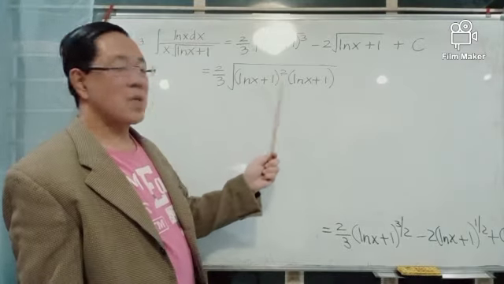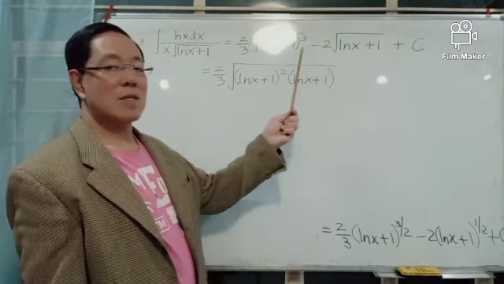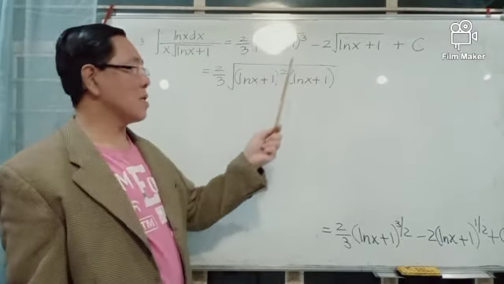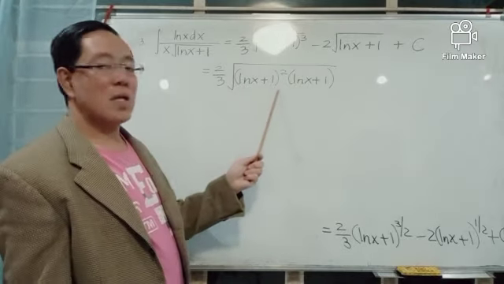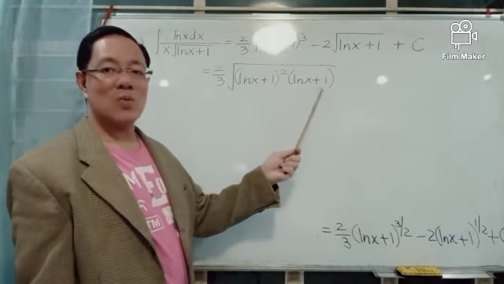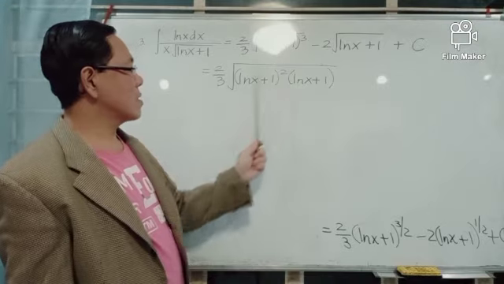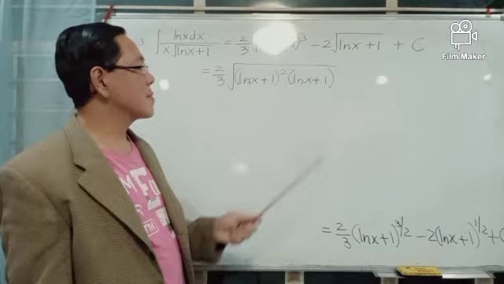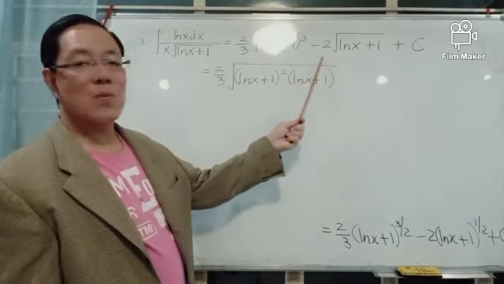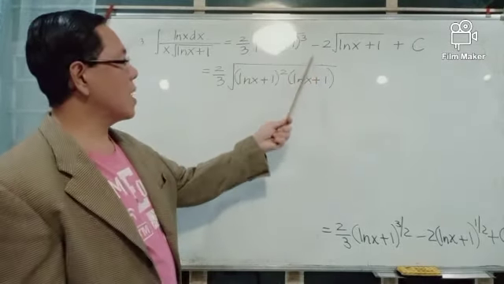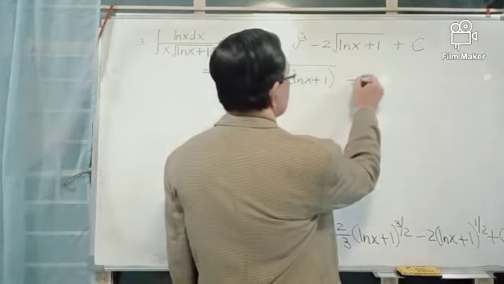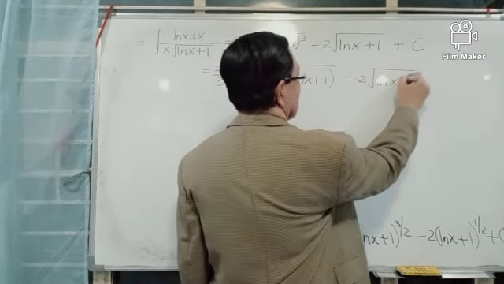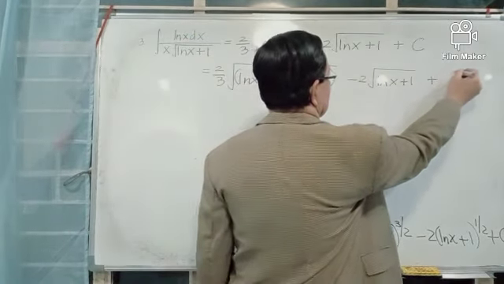The exponent of this product will be 2 plus 1 is 3. We have just written ln x plus 1 raised to 3 as ln x plus 1 squared multiplied by ln x plus 1, so that we can extract the root of ln x plus 1 squared. The second term will be the same as is, minus 2 multiplied by the root of ln x plus 1, plus c.